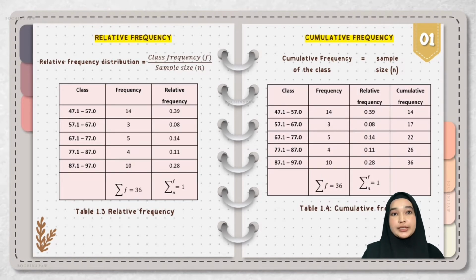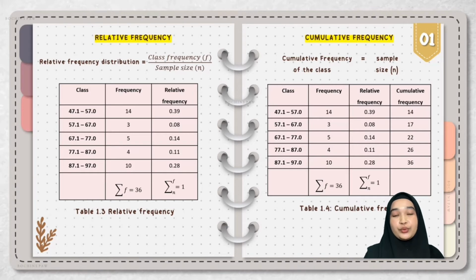This frequency is just going to be a running total of the frequencies. For example, the running total of the first row is 14, but when we get to the second row, we have to include the number 3 so that it will be 17 in the second row. So repeat the same way to get all the cumulative frequencies for all the classes.